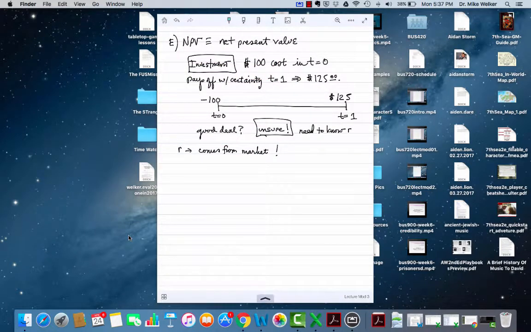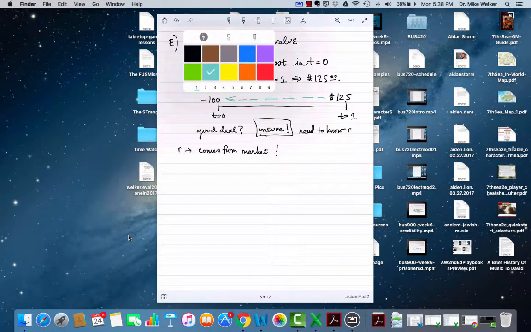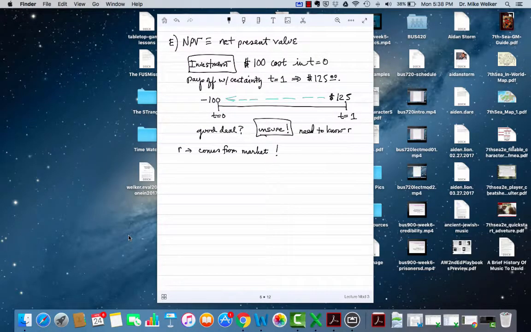We've got to adjust the $125 back into the present value. You're going to spend $100 right now, a loss of $100, and it's going to produce a gain. What is the $125 worth in present value terms? That's the general idea.